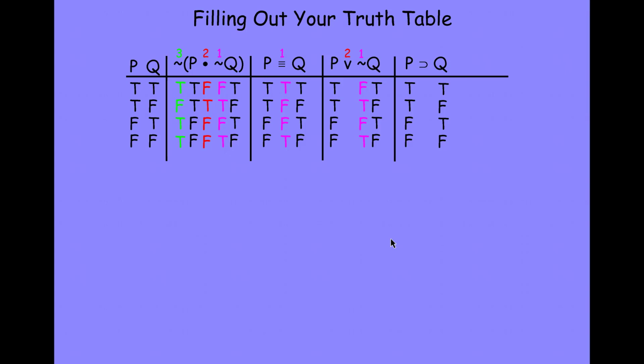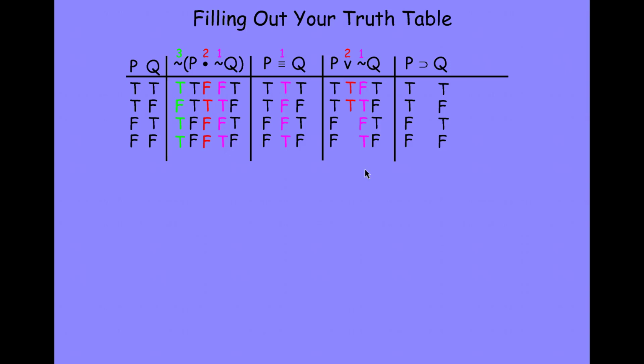The rule for the wedge, or the disjunction, says that a disjunction can only be made false if each of the disjuncts is false. So in this first row, tilde Q is false, but P is true. So at least one of them is true, so the wedge, or the disjunction, will be true. The second row, P is true, tilde Q is true, so they're both true. So again, the disjunction, the wedge, will be true. The third row, P is false, tilde Q is false.